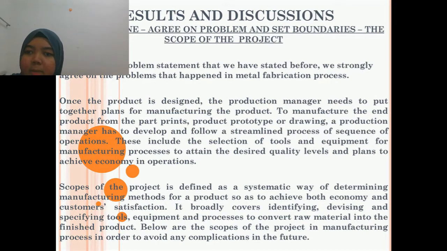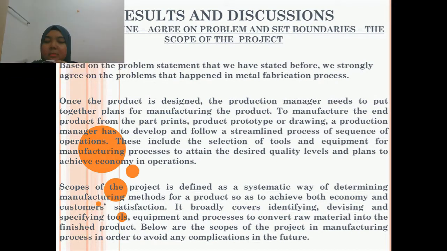Scope of the project is defined as a systematic way of determining manufacturing methods for a product so as to achieve both economy and customer satisfaction.